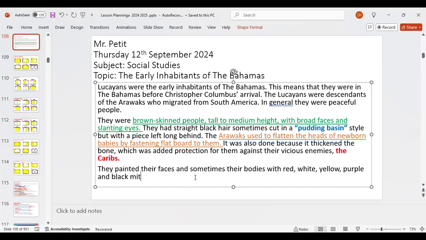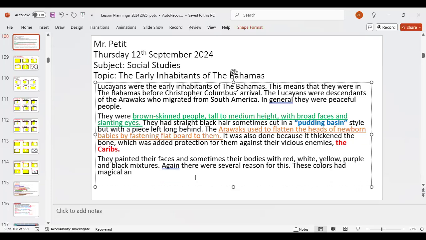Now, why would they paint themselves? What's the reason? To show status. To blend in with trees and stuff. No. There were several reasons for this. First of all, these colors had magical and religious meaning to them.